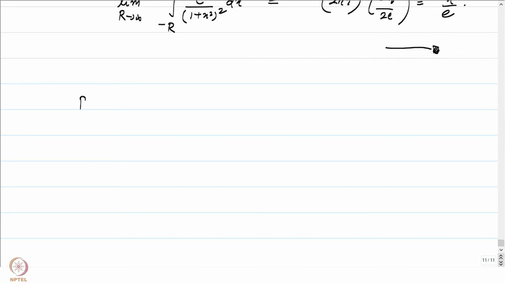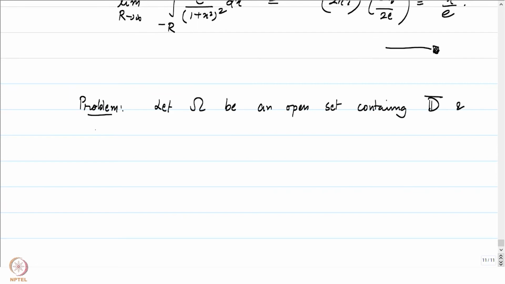Of course, let me write down the problem and then we will see. Let omega be some open set which contains the unit disk. Let omega be an open set which contains the closure of the unit disk, rather, containing D bar. D bar is the closure of the unit disk, and let f be holomorphic on omega.